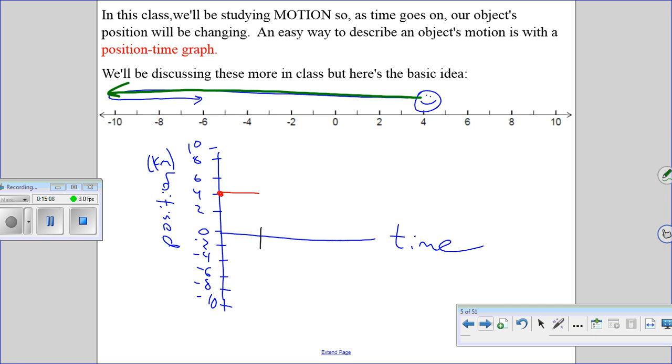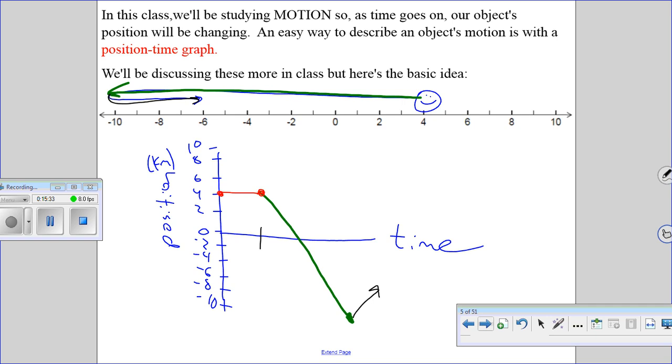So at some point later on, his position was -10. Maybe it looked like that, right? That's showing you that his position went from +4 down to -10. Then after that, he turned around and he went back to the right until he got to a position of 6, right? Something like that.